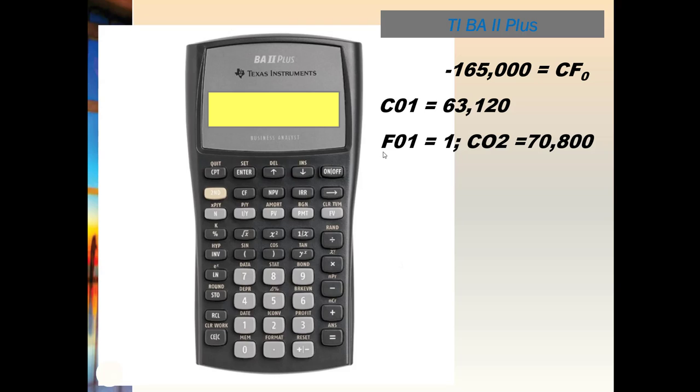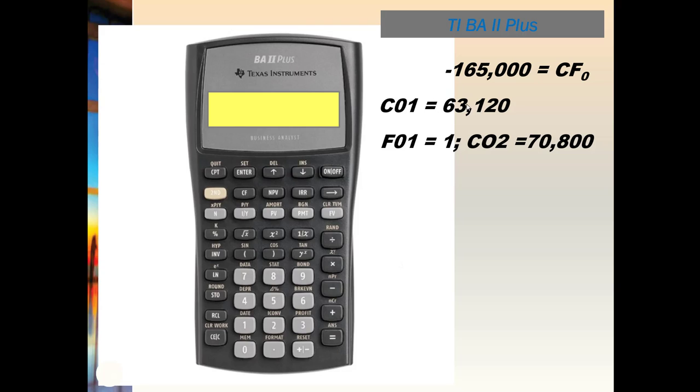Then it will come up with F01. This function lets you enter whether this cash flow is repeated or not. If it happened only one time, the default is 1.